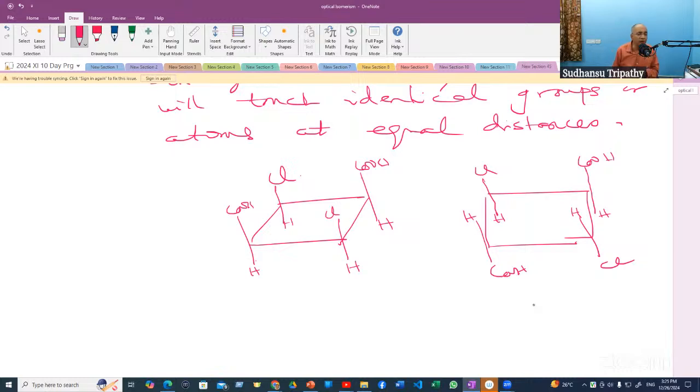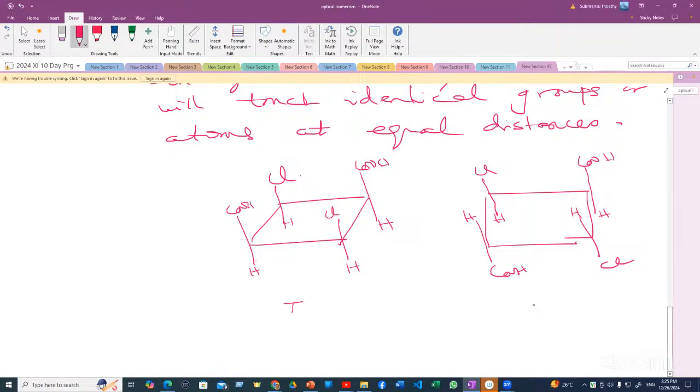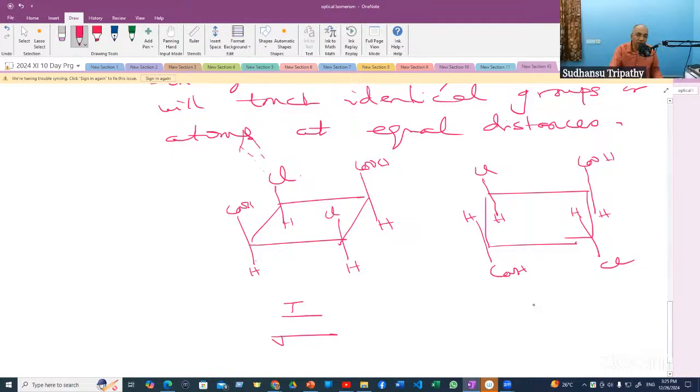Are you not able to find a plane of symmetry in the first? Sir, in the first one we have a plane of symmetry, and in the second one we have a center of symmetry. Because look, if you consider carbon number 1 and carbon number 4, and you pass an imaginary plane, then you will reflect this one with this one, hydrogen with hydrogen, and the chlorine atoms are sitting on the same plane. So it has a sigma.